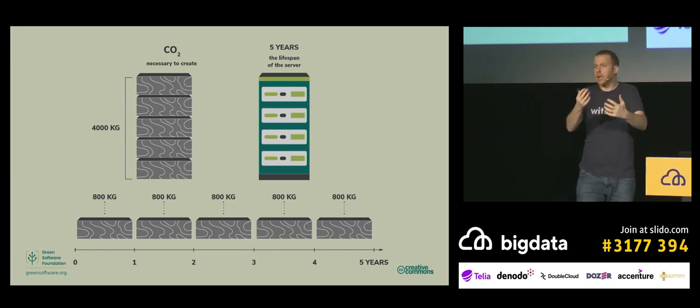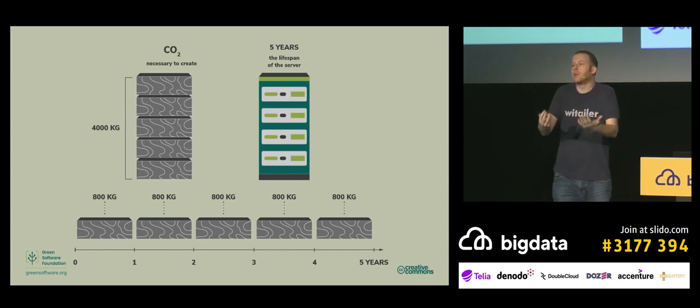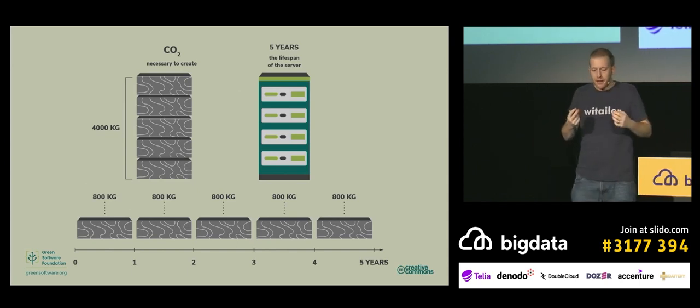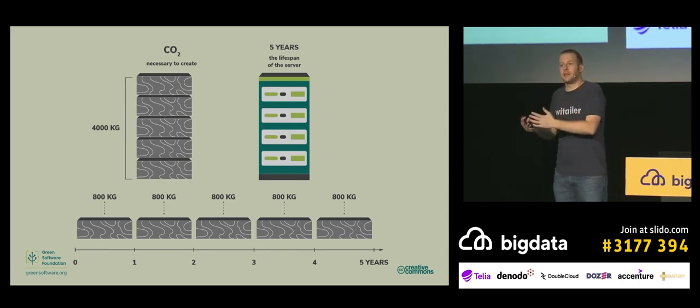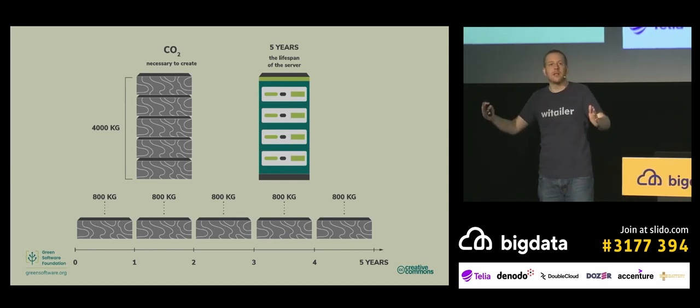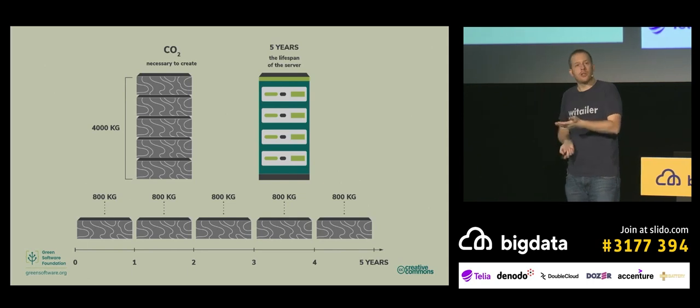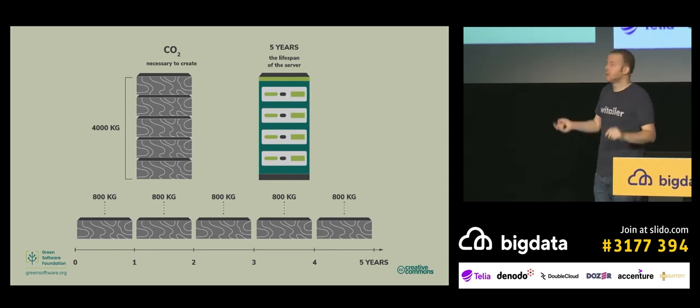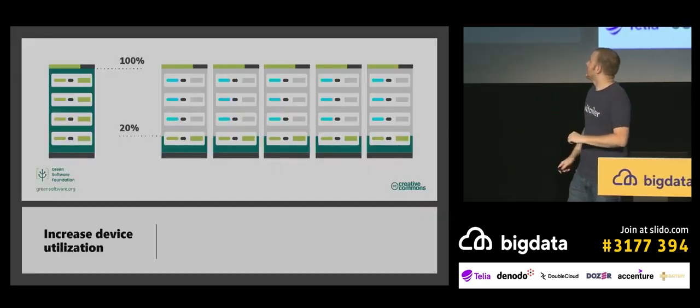We know it, but we can design applications to be fault tolerant, and they are going in the right direction. So extend the lifetime of servers to 10 years, and this could be a game changer. It's not rocket science.